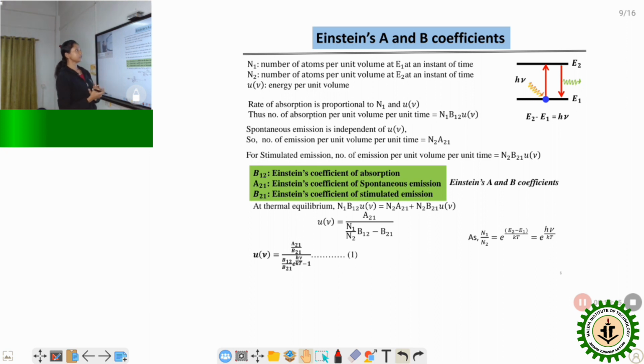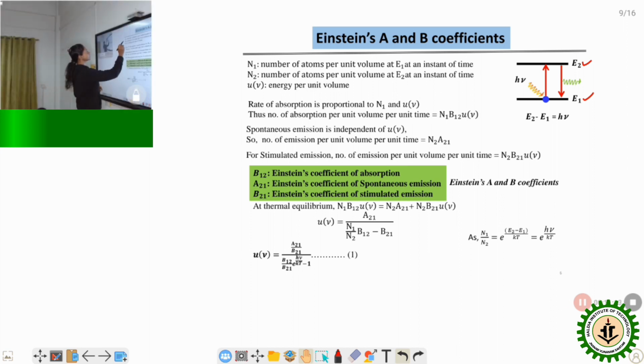For that calculation, there is one schematic diagram. This E1 is the lower state or the ground state, and this E2 is the higher excited state, and their energy difference E2 minus E1 is hν. This arrow is showing the absorption and this is showing the emission.